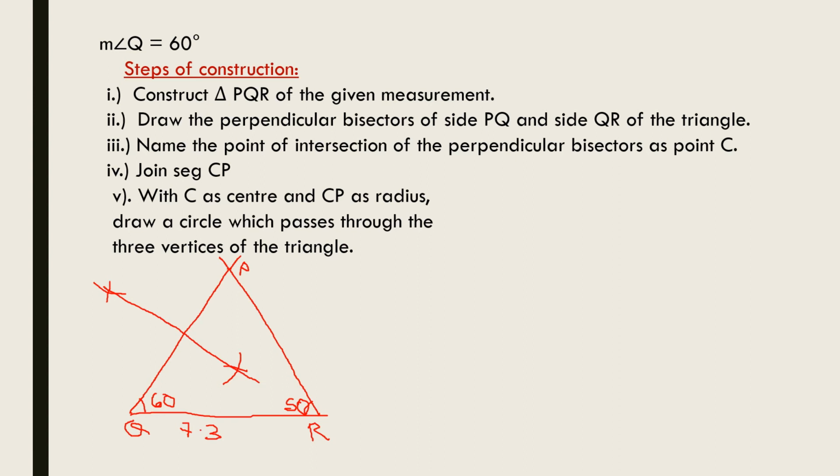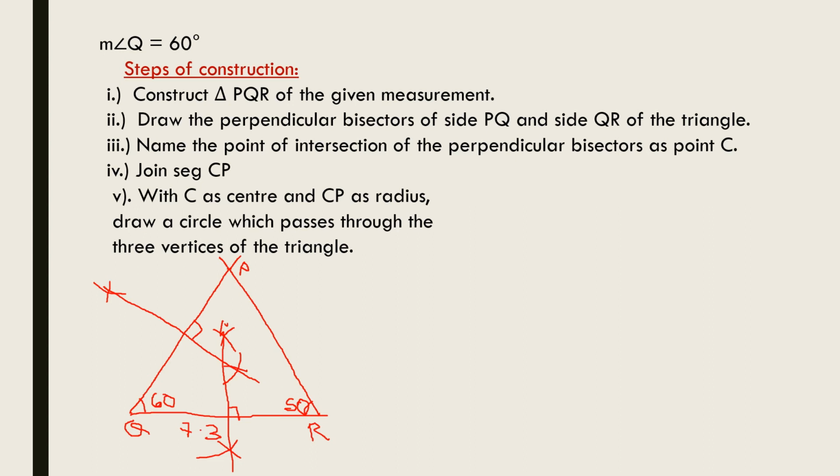By the same method, draw the perpendicular bisector of QR. This is the perpendicular bisector of PQ and QR. These two perpendicular bisectors intersect at a point.